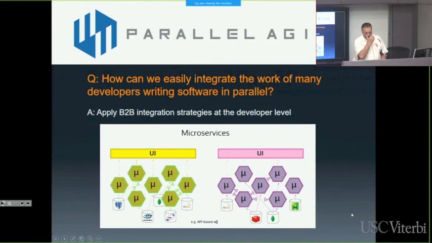So if you want to think about how Parallel Agile does this, imagine that every business that's developing a piece of code is a really small business. Imagine that business is a one-person independent contractor, okay? So now I have 20 businesses collaborating together, but each of those businesses is a single developer, right? I can still integrate the work with REST APIs, okay?